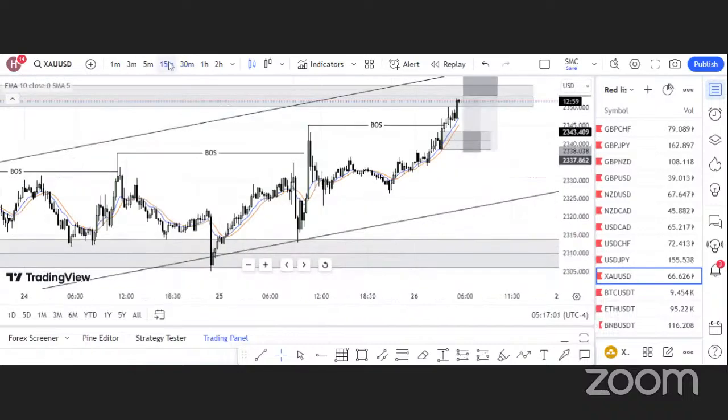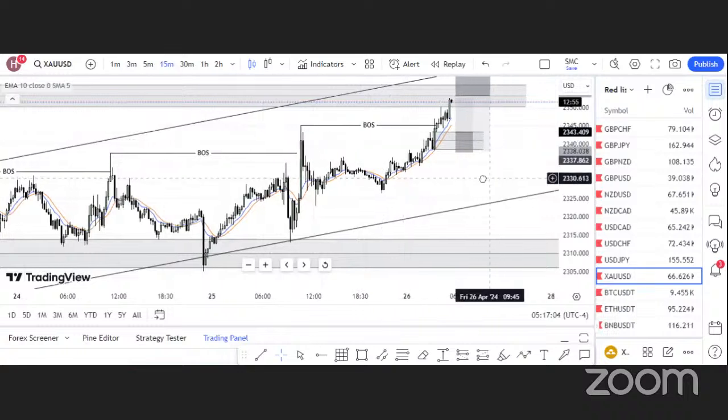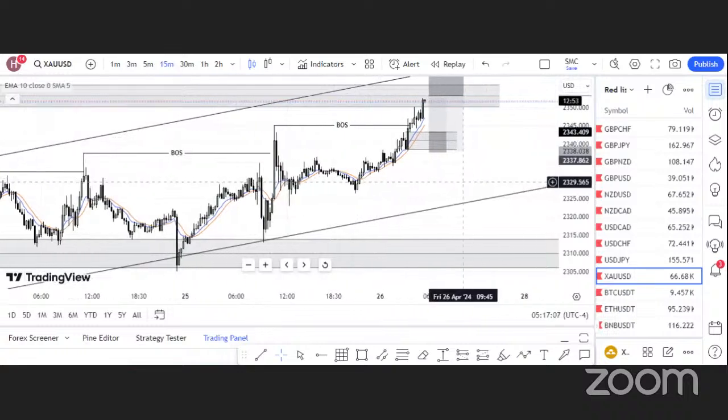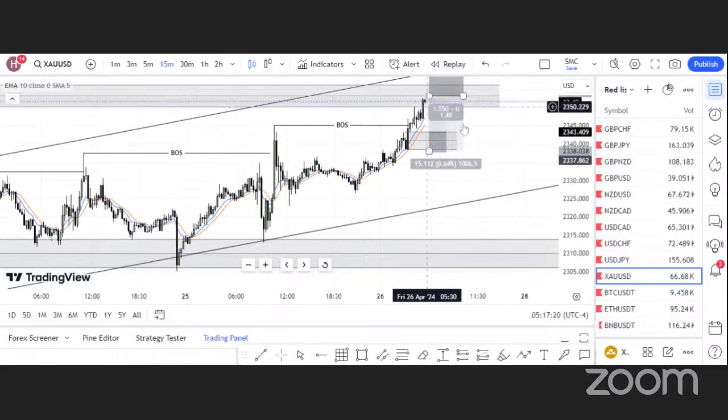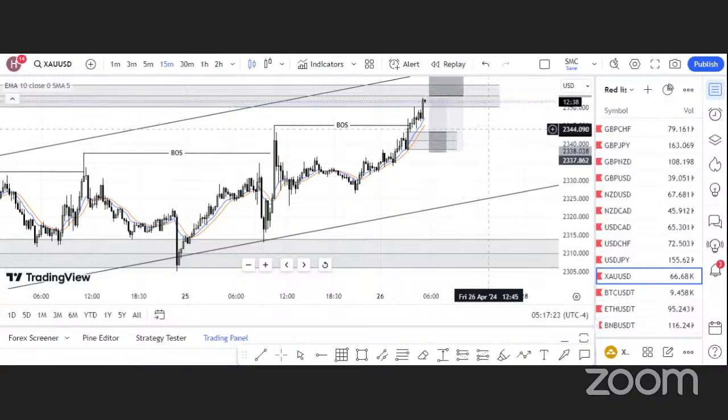Okay, so let's go down to the 15 minutes time frame. All right, so the candle closed and it still didn't touch the 50% of the fair value gap. Another candle is printing currently, but we don't have the time to wait on just one pair.